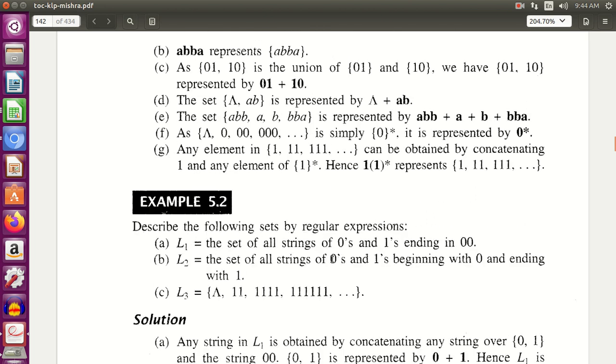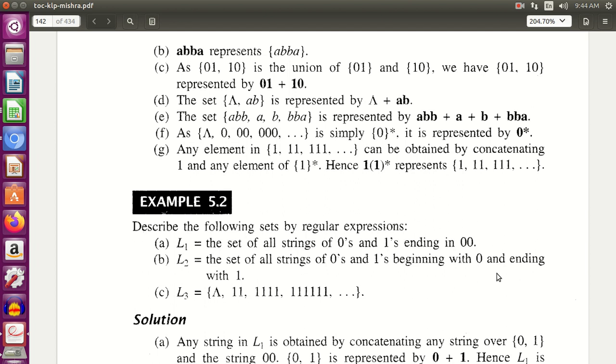So next is describe the following sets by regular expressions. L1 is equal to the set of all strings of zeros and ones ending in 00. The same thing you have seen for a language, you have designed a DFA for this, you have seen for a grammar. The same thing now for regular expression.